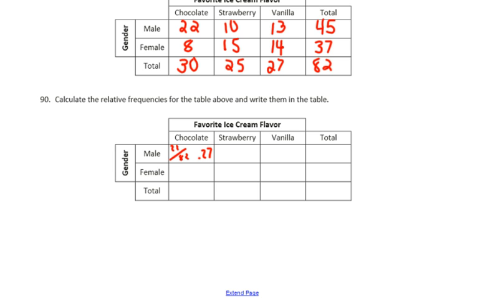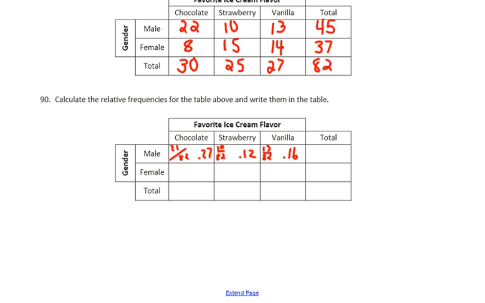Males that chose strawberry, that's 10 out of 82, which is 0.12. And how many males chose vanilla? That's 13 out of 82, which is 0.16.